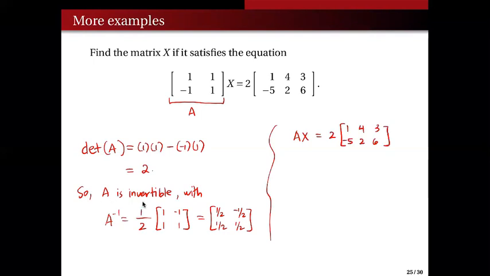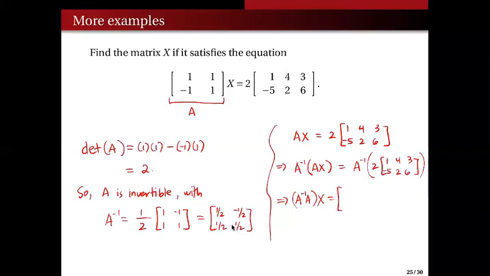Since A is invertible, what we can do is multiply A inverse on both sides of the equation on the left. 2 times this matrix here, 1, 4, 3, negative 5, 2, 6. And the left-hand side is just A inverse A times X.